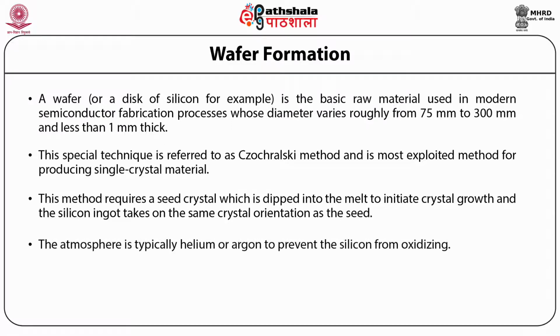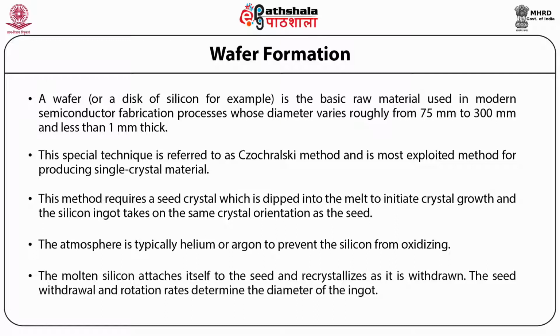The atmosphere is typically helium or argon to prevent the silicon from oxidizing. The whole assembly is rotated and simultaneously the seed is gradually withdrawn vertically from the melt. The molten silicon attaches itself to the seed and recrystallizes as it is withdrawn.